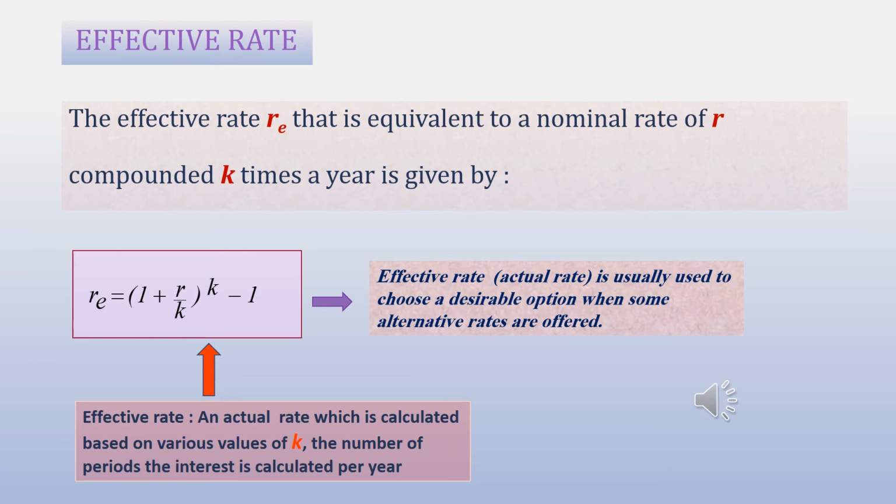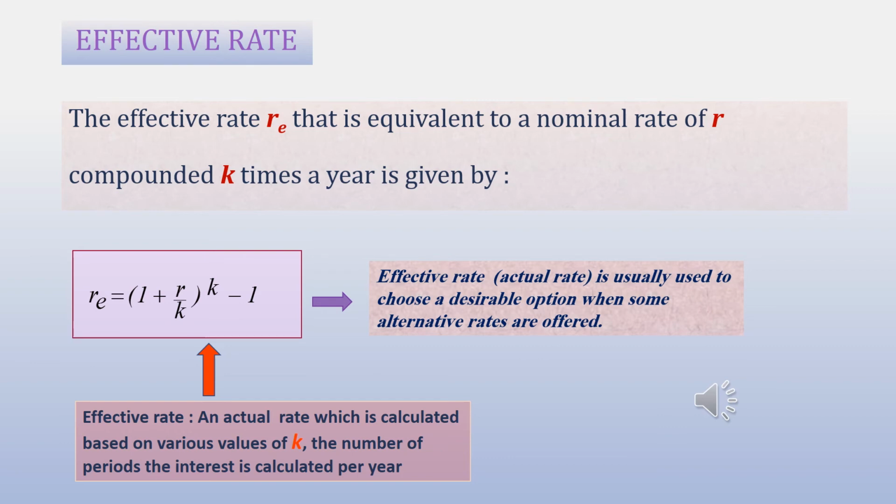K can be any integer, 1, 2, 4, 12, or any other number. While the annual rate is the rate when K is only equal to 1. That is the difference between the effective rate and the annual rate.